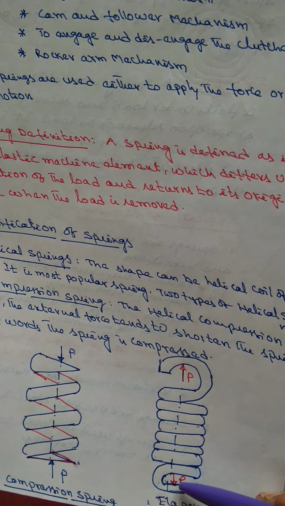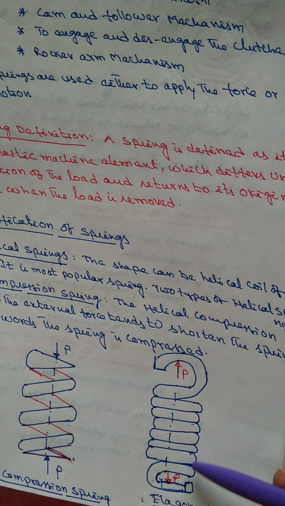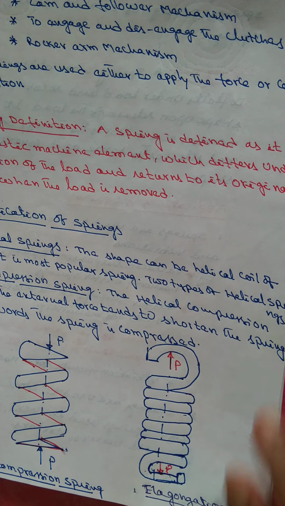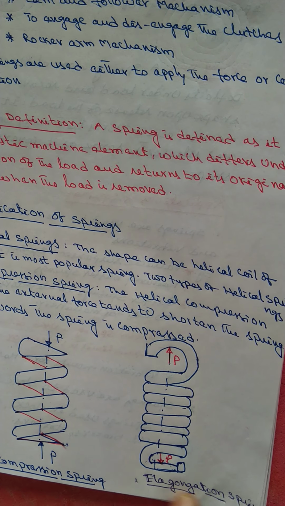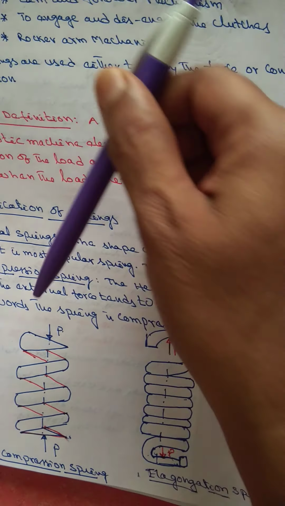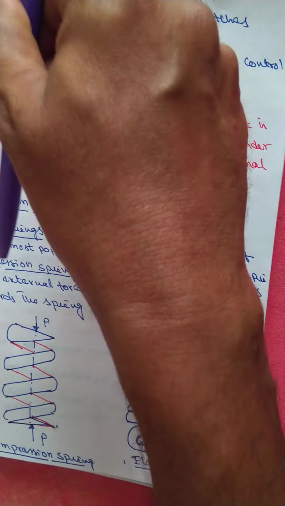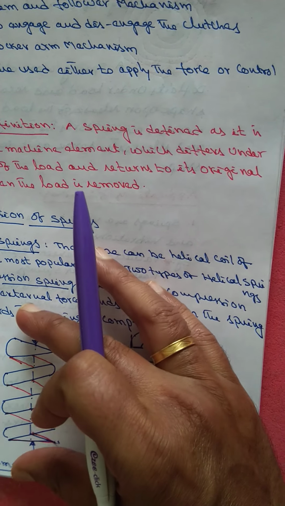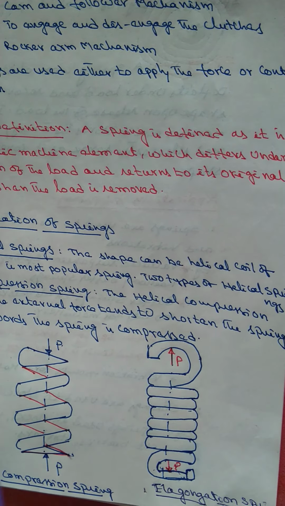In the other figure, force is applied at the ends in opposite directions, and the spring is going to be elongated. That's why it is called an elongation spring. In the compression spring, we apply the load from both sides in the same direction, so the spring is compressed.